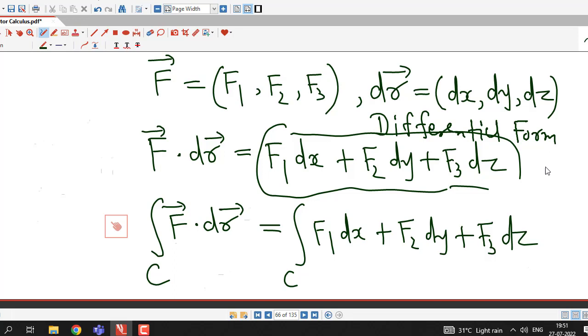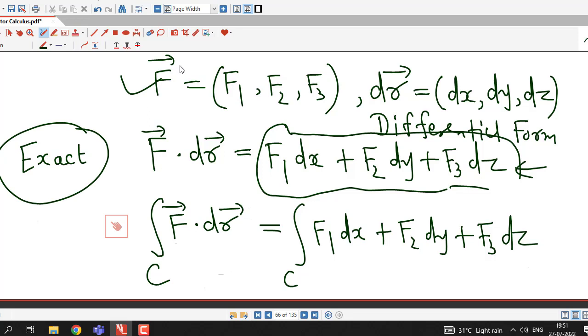So we will call this form a differential form. This differential form is called an exact differential form if our vector field F bar is conservative. And if vector field F bar is conservative, the line integral is path independent, or the line integral has the same value along any path joining two points. So remember this other word also, exact differential form.